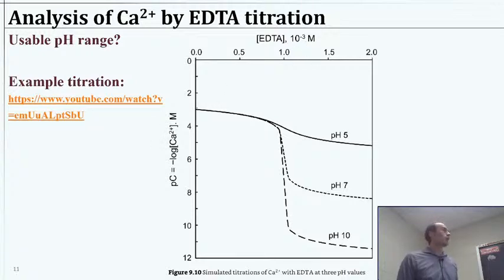the pCa, so the negative log of our concentration of calcium, as a function of adding EDTA. So we've got some concentration that we start with. As soon as we start adding EDTA, it's dropping the concentration. And remember, this is calcium 2+. So the reason it's dropping should be the formation of the EDTA complex.